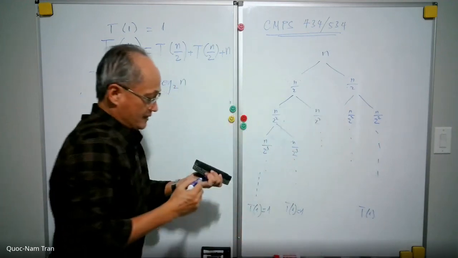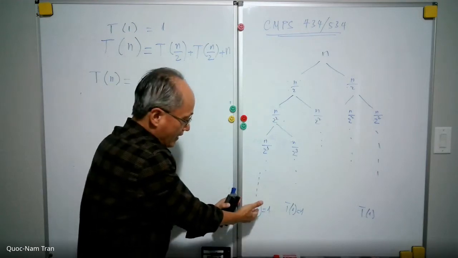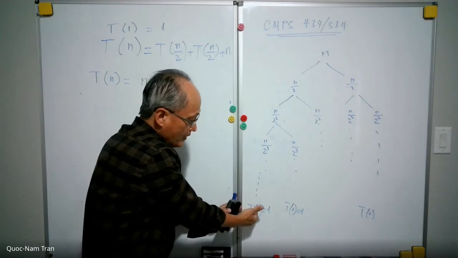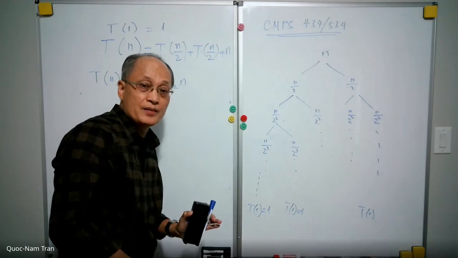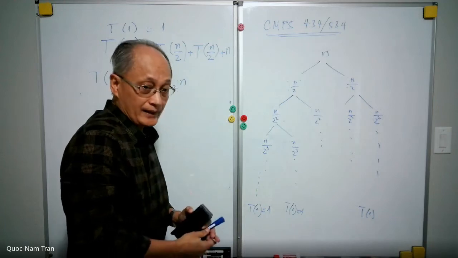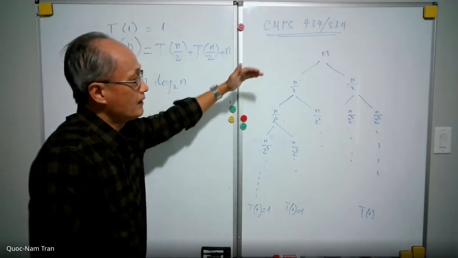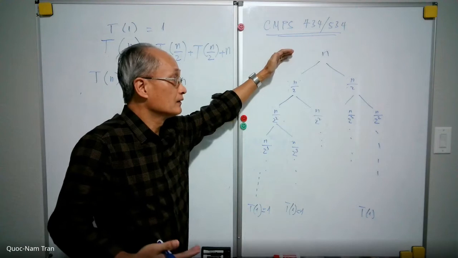So now, when we come to the case in which we have only one element, then the algorithm will terminate, right? And what is the cost? What is the total cost for sorting n elements using merge sort?